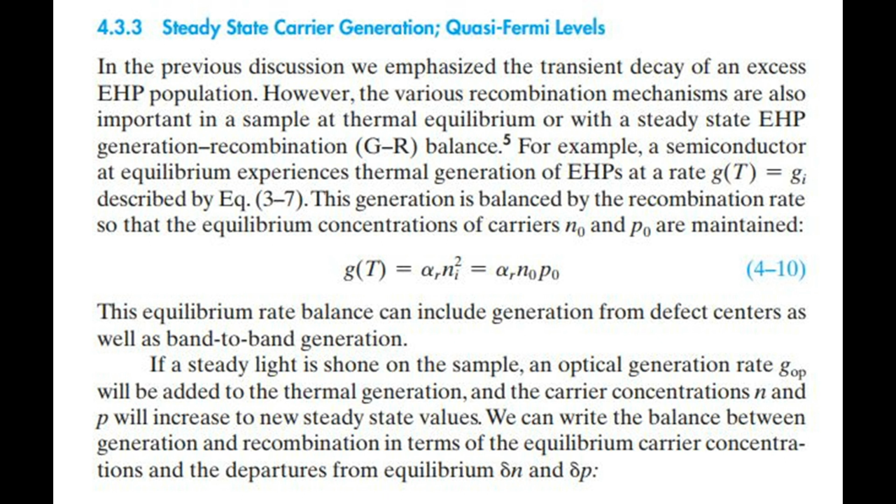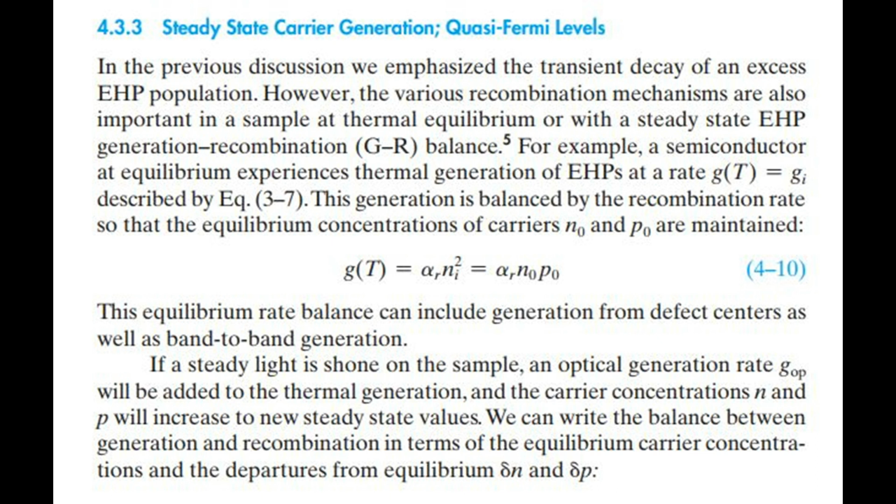For example, a semiconductor at equilibrium experiences thermal generation of electron-hole pairs at a rate g_th equal to g_i, described by Eq. 3.7. This generation is balanced by the recombination rate so that the equilibrium concentrations of carriers n0 and p0 are maintained. This equilibrium rate balance can include generation from defect centers as well as band-to-band generation.